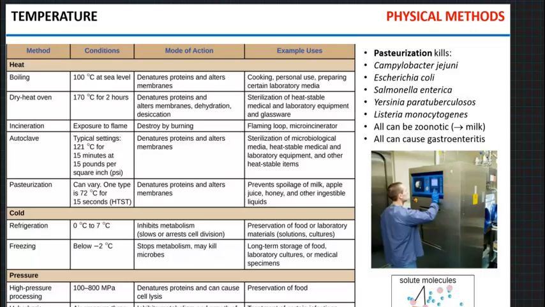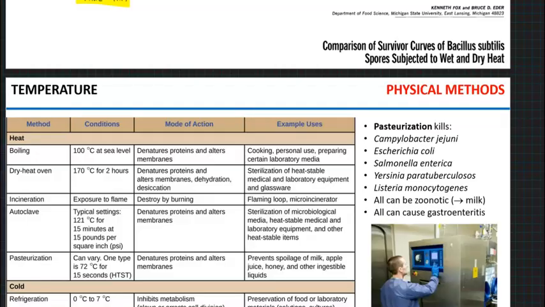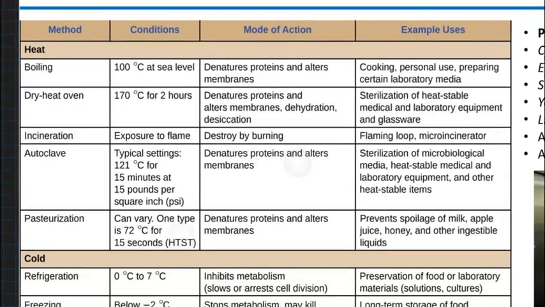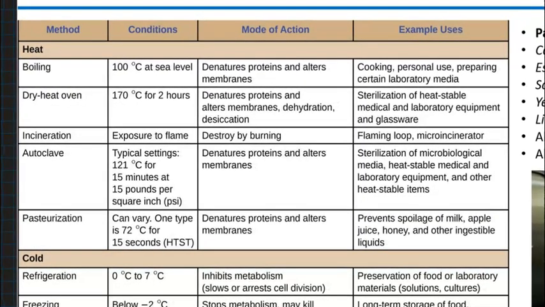So here's what you need to know. Let me highlight, and I'm gonna write on this to avoid any ambiguity. First, what you need to know. For a method like boiling, you should be able to tell me what it is.